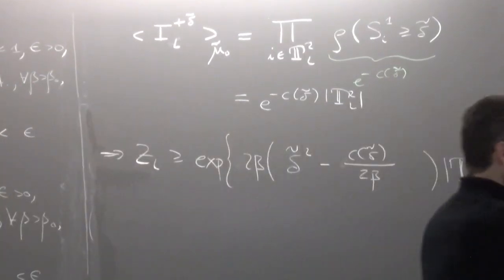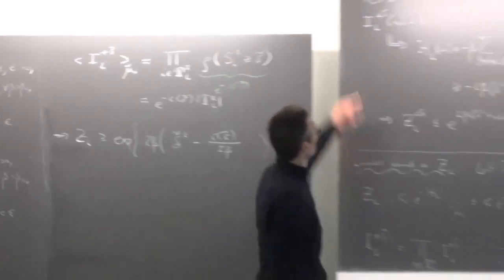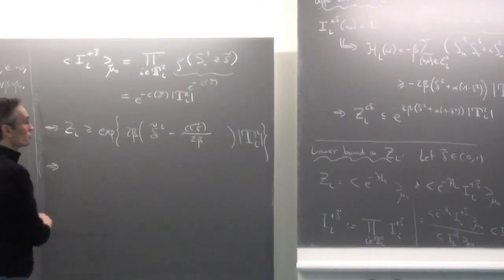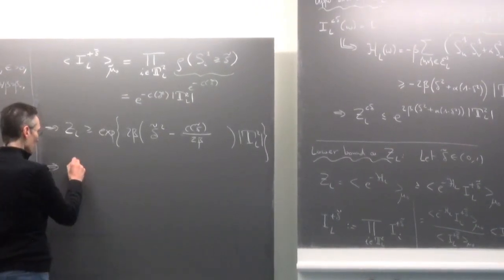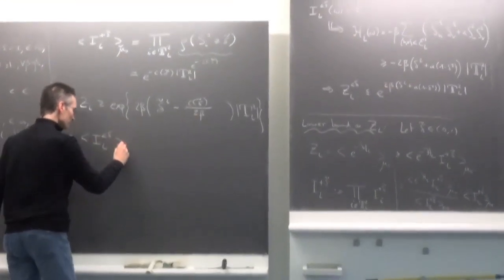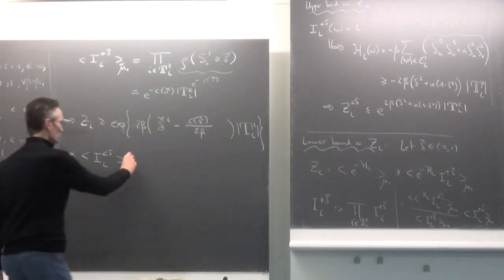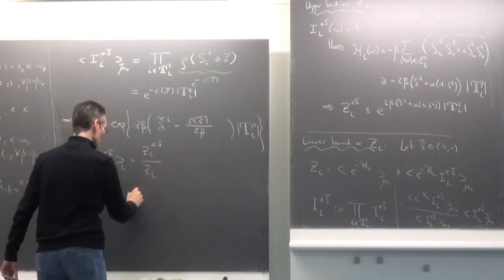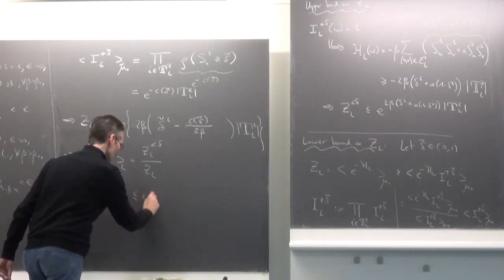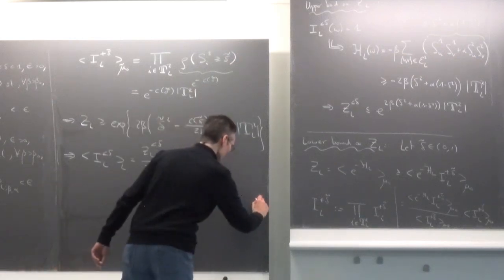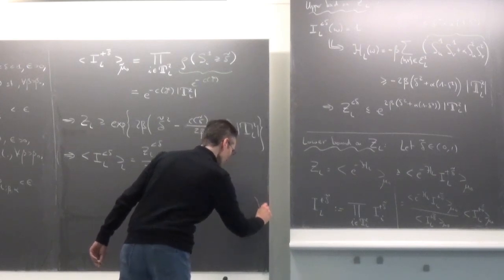Okay, so now with everything together, I have my lower bound on ZL, I have my upper bound on ZL smaller than delta. So this implies, and the conclusion will follow immediately from all this, that what I called IL smaller than delta, this quantity, which was ZL smaller than delta over ZL, this is smaller than exponential minus 2 beta times the size of the torus, T2L.